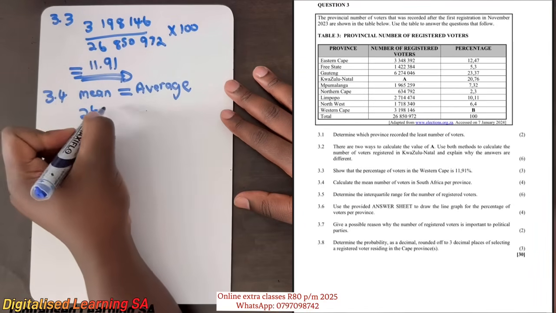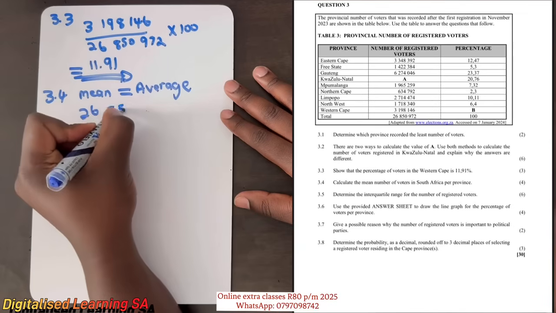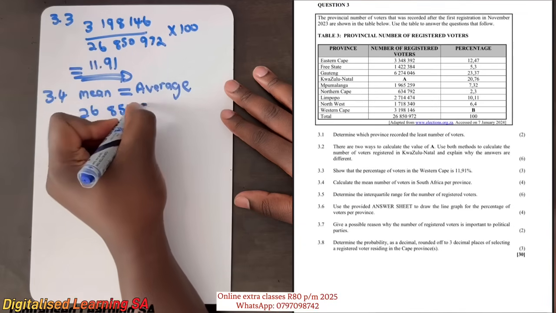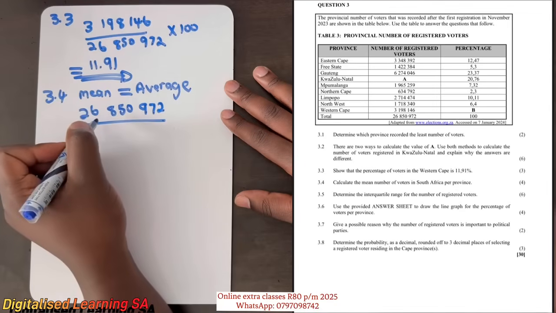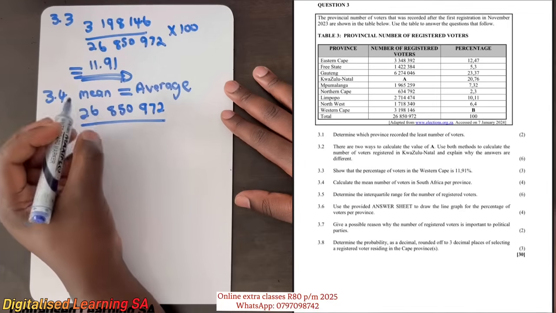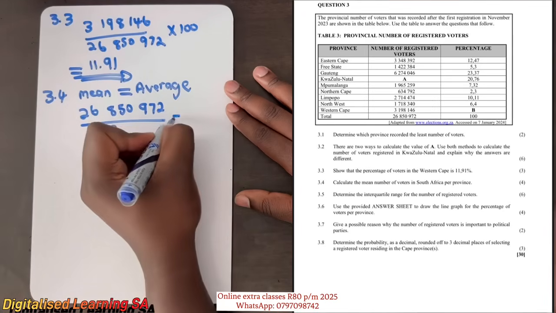Remember, we need the mean, which is the average. So we are going to say 26,850,972 divided by the number of provinces. How many provinces do we have? If we count on our table, we can see that we have 9 provinces.